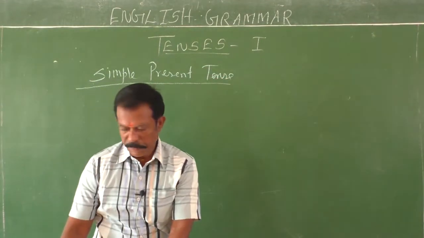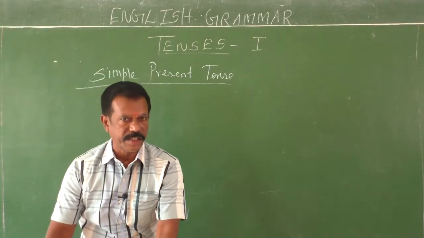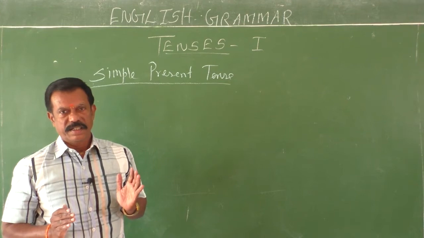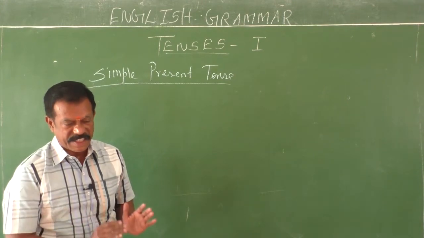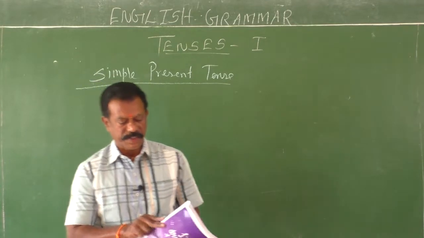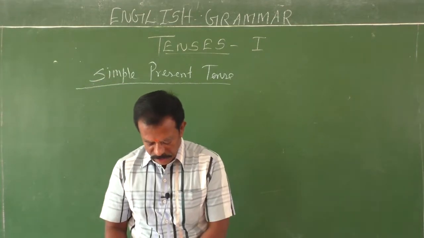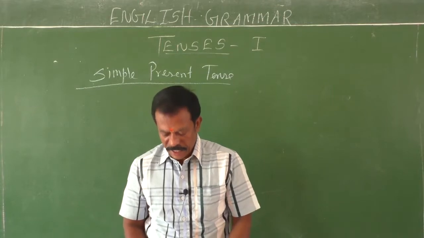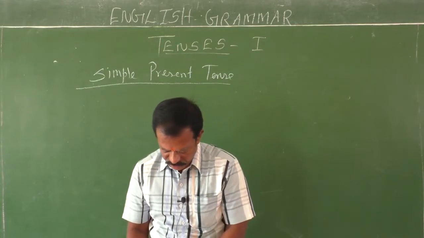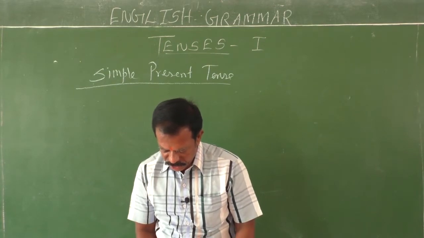See, simple present tense. How it is used in the tenses. Simple present tense. It refers to the present time. A person is said to be in the present state. That is explained with the help of this simple present tense, where we can use this simple present tense, and what are all the key words to refer to this simple present tense. First, let me give you a list of key words.